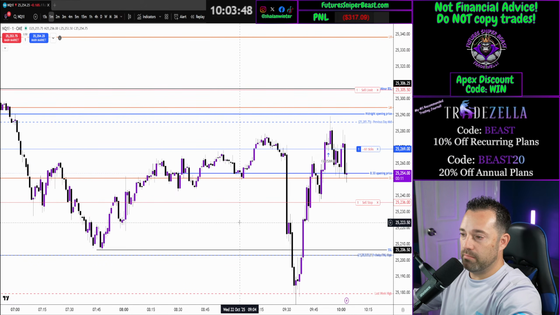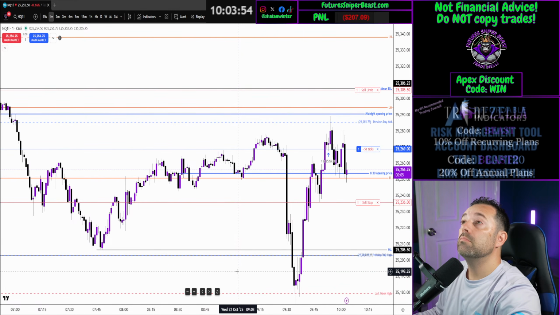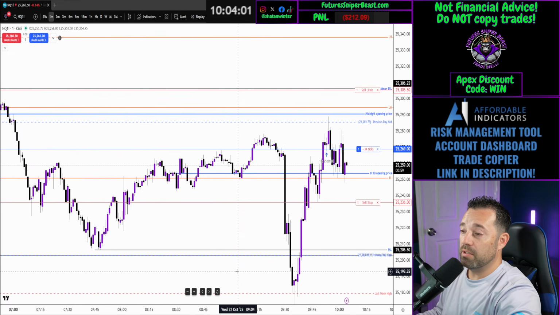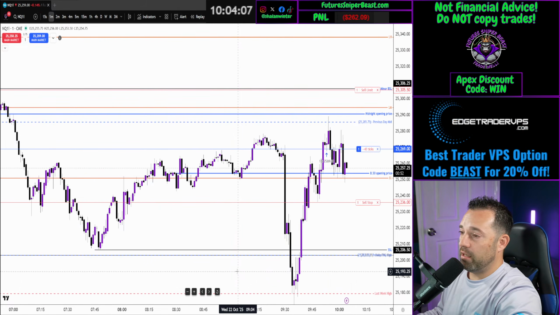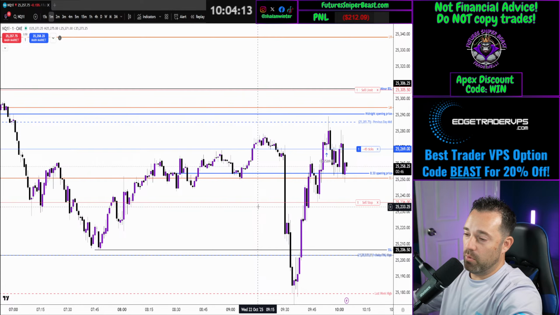See, it's just being stubborn. Man, it's being stubborn. And like I said, we did have that 15-minute fair value gap there, so it will cause turbulence. Even though I think it should trade through it, it very likely could cause some trouble, and it could create a little pushback before going up.